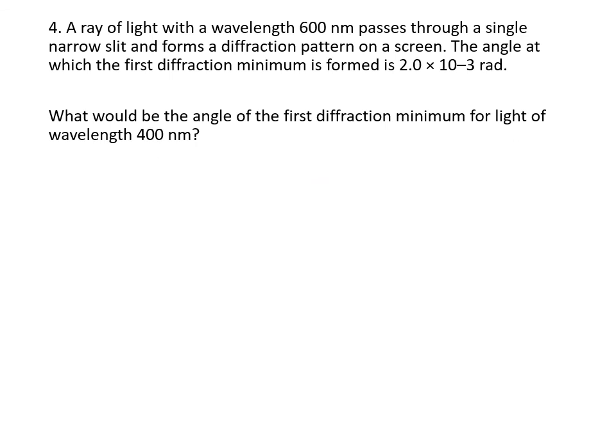Question number 4. A ray of light with wavelength 600 nanometers passes through a single narrow slit and forms a diffraction pattern on a screen. The angle at which the first diffraction minimum is formed is 2 times 10 to the negative 3 radians. What would be the angle of the first diffraction minimum for light of wavelength 400 nanometers? So to get this, we need the width of the slit.